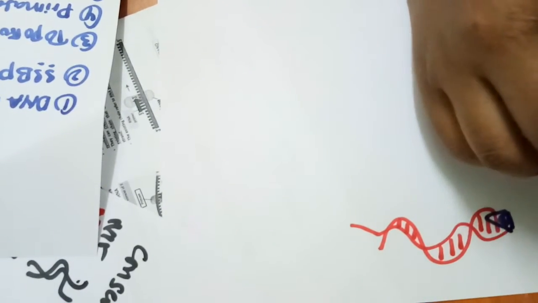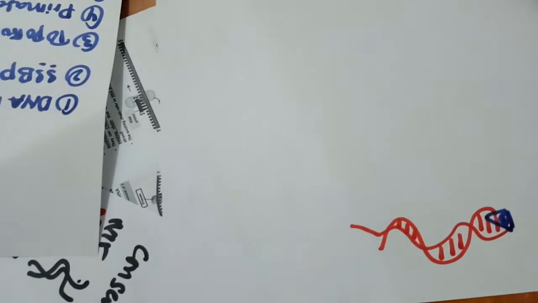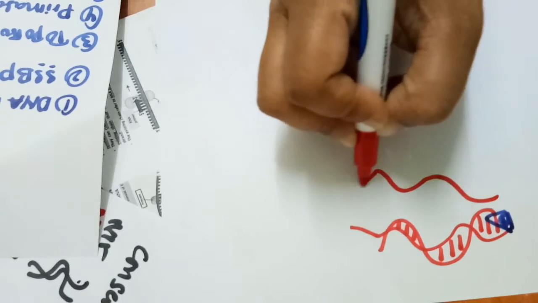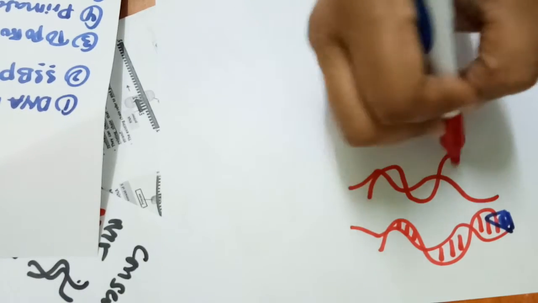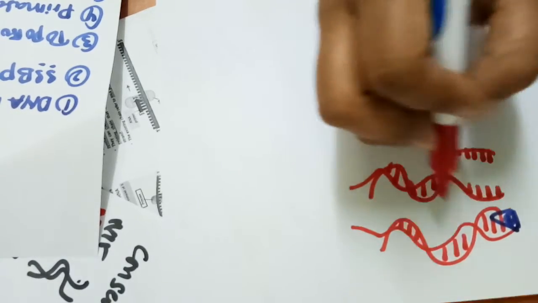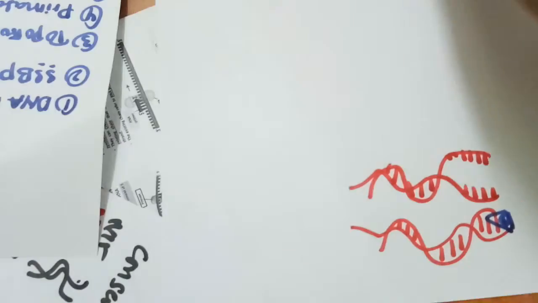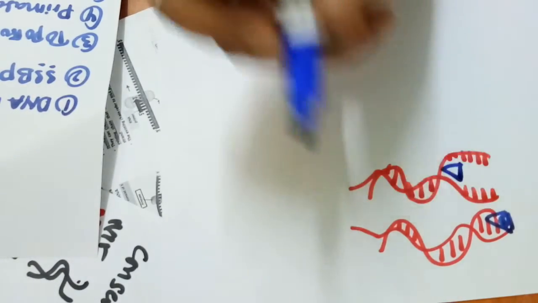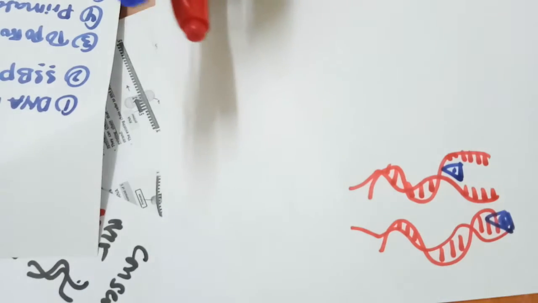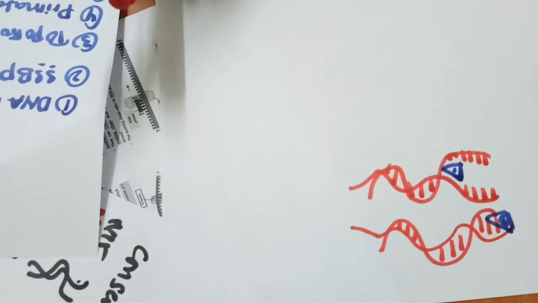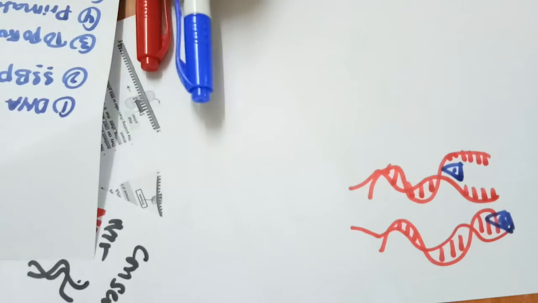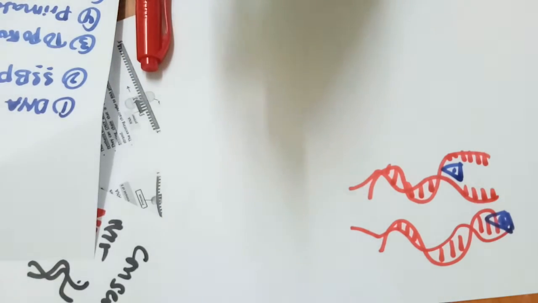Once DNA helicase binds, it will unwind the DNA double helix, like this. This is DNA helicase. And kita ada enzim yang kedua. The second enzyme is single-stranded binding protein. Single-stranded binding protein function is to stabilize the single strands of DNA.